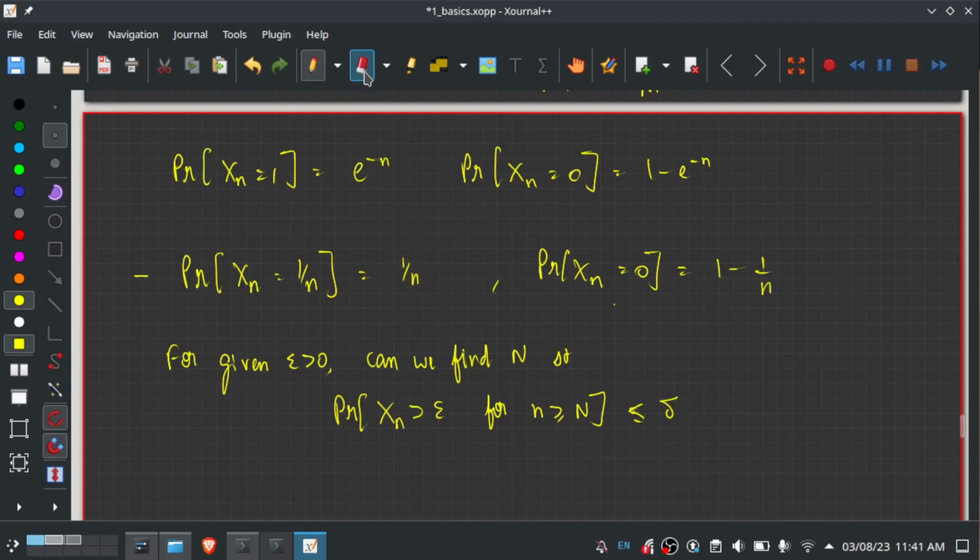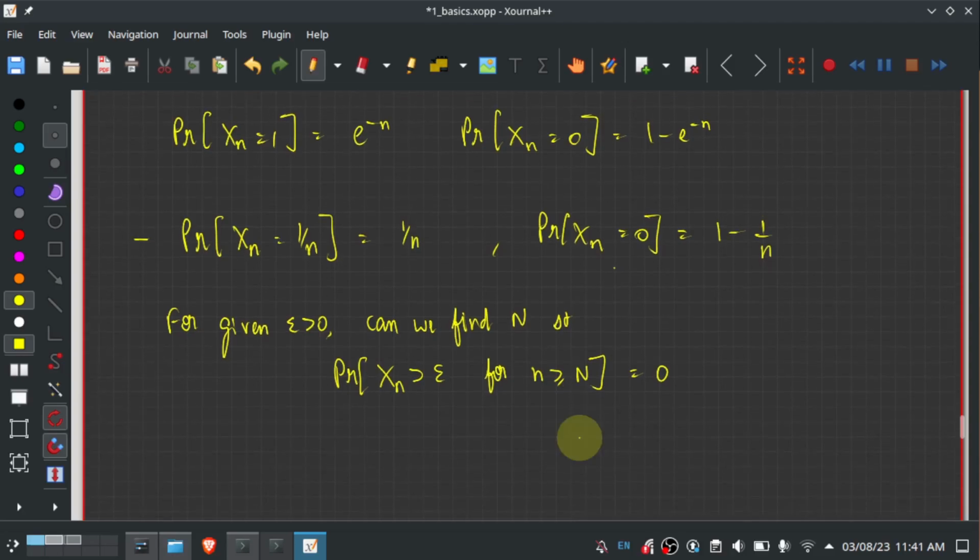In fact, in this case, this is equal to 0. So beyond a certain point, capital N, all the values of xn are guaranteed to be within epsilon.